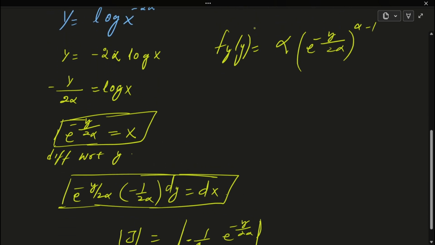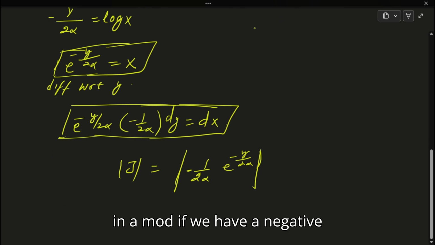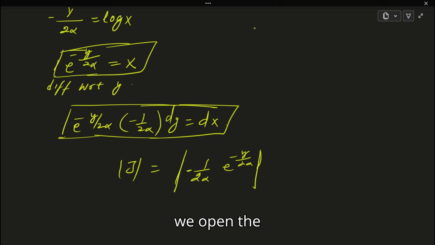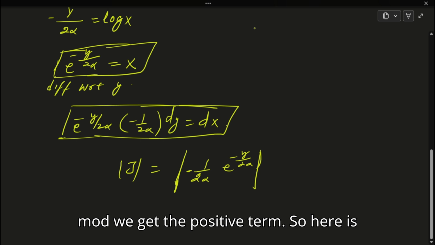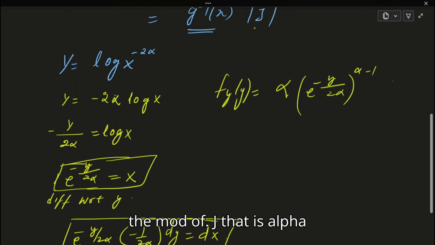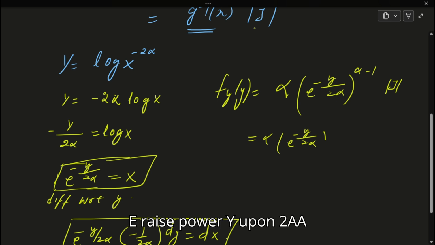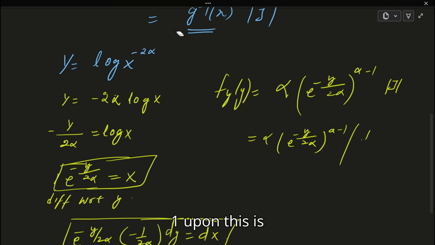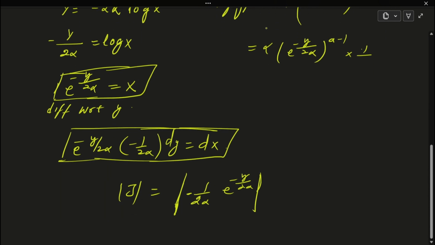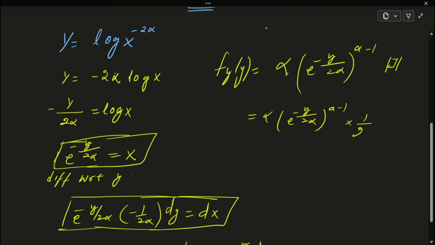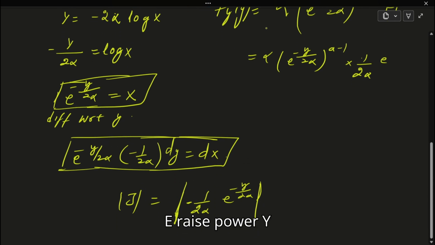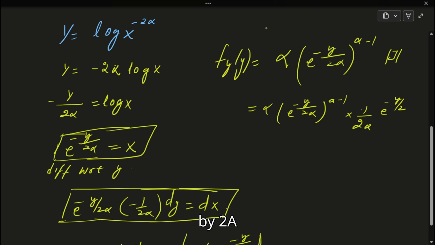As you know, in the mod, if we have a negative quantity, when we open the mod we get the positive term. So here is the mod of J, that is alpha e raised to the power minus y upon 2 alpha, raised to alpha minus 1, and the Jacobian of this is 1 upon 2 alpha e raised to the power minus y by 2 alpha.